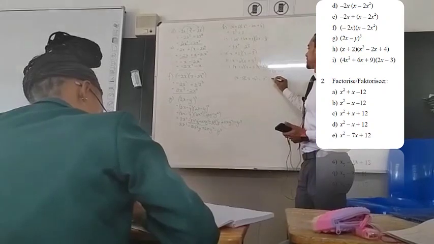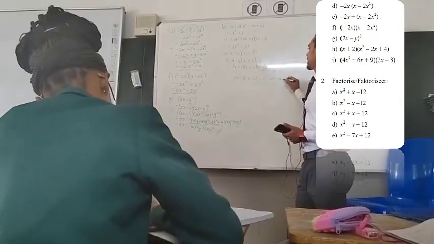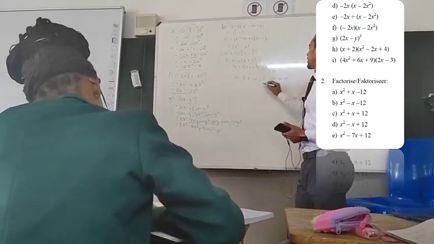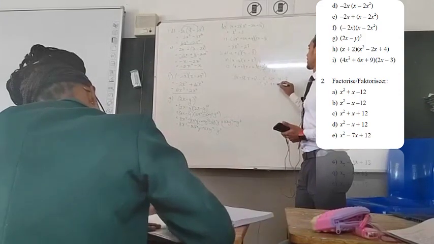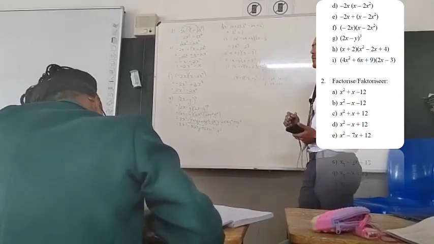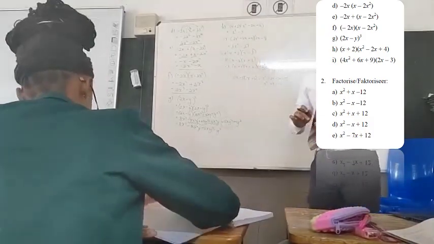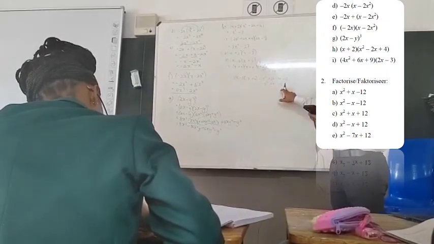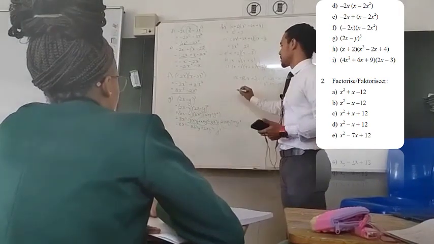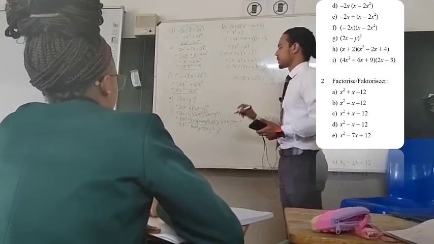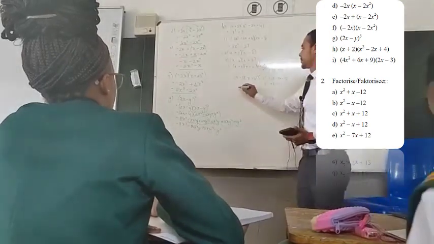X squared plus 4x minus 3x. Is this one alright? No. You have an answer there? Alright, so this one is also not right. Alright, so this one, answer there.